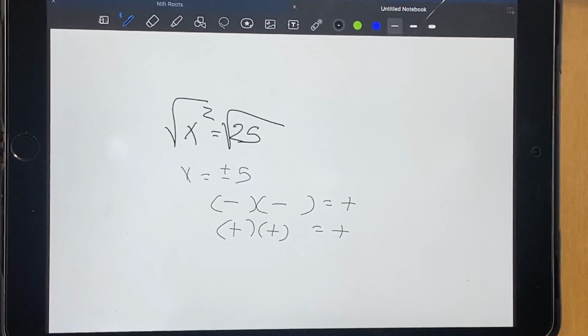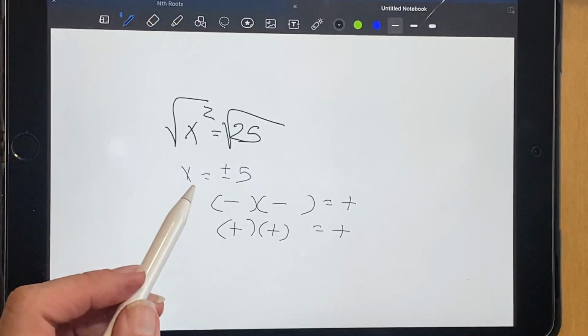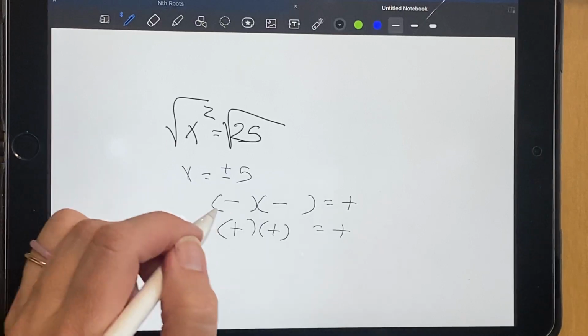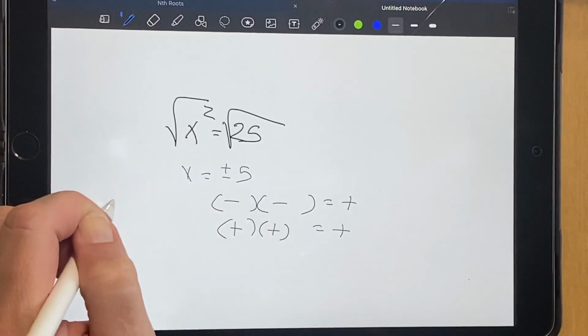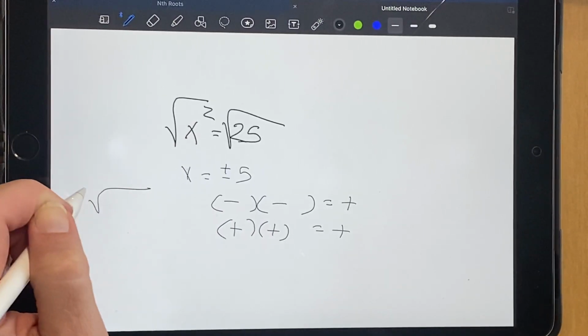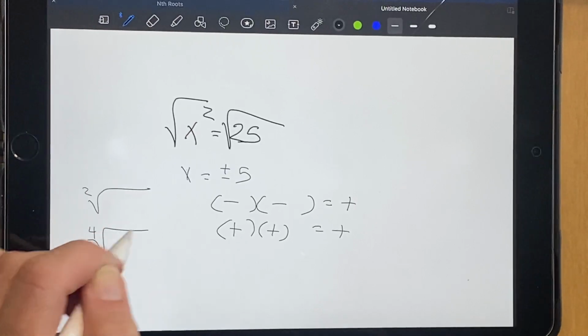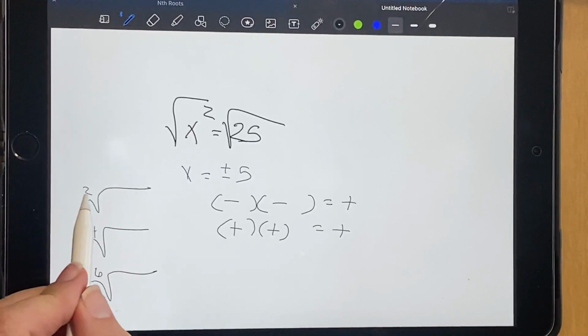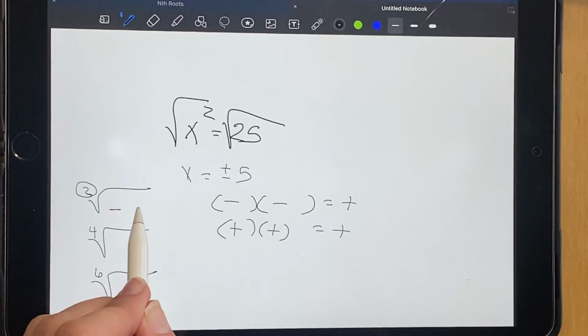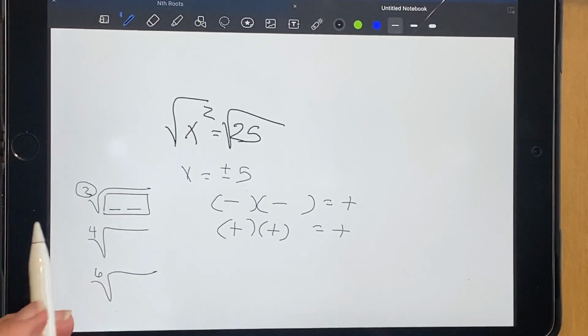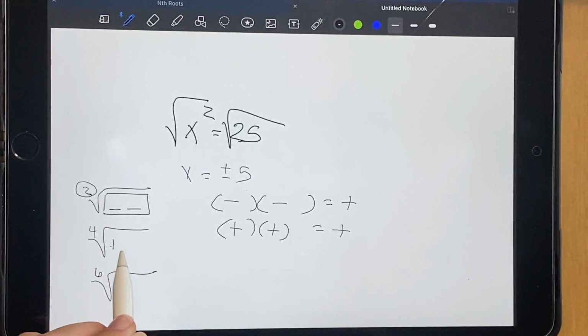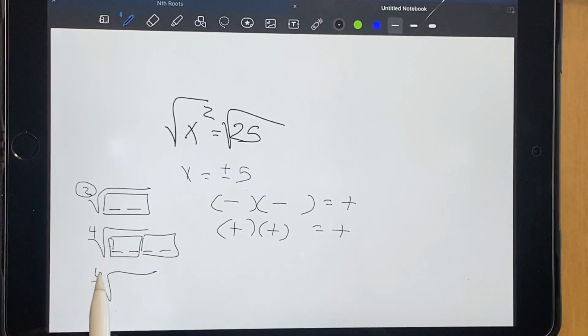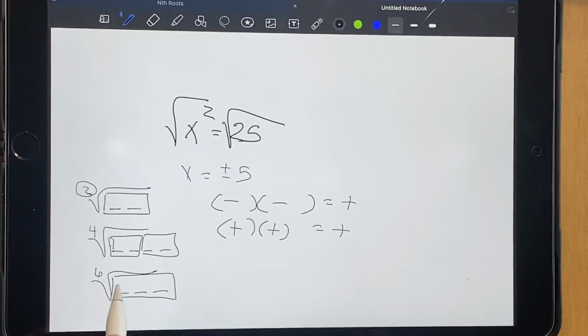So as we are moving through roots, anytime we have an even root, so if we've got the square root, a 4th root, a 6th root, our index is telling us that we're having to make pairs. For the 4th root, I would need 4 of them, which is basically 2 pairs. For a 6th root, I'm going to need 6 of them, which is going to be 3 pairs.